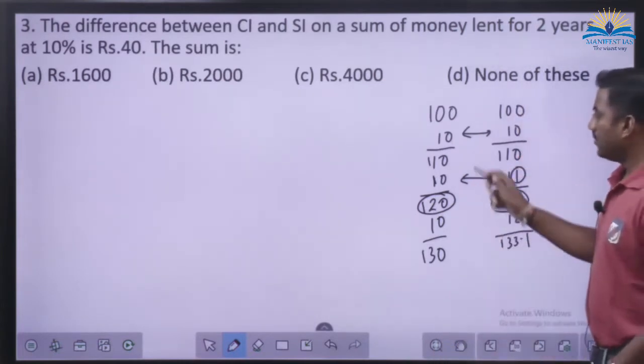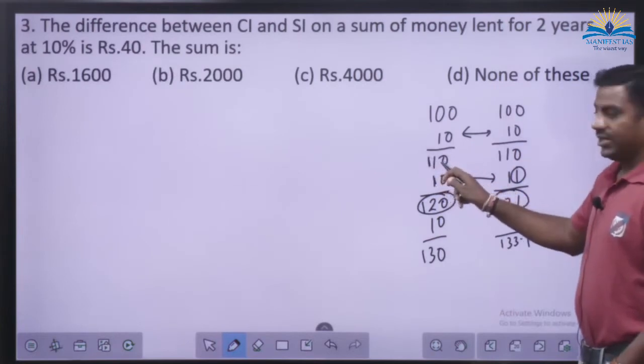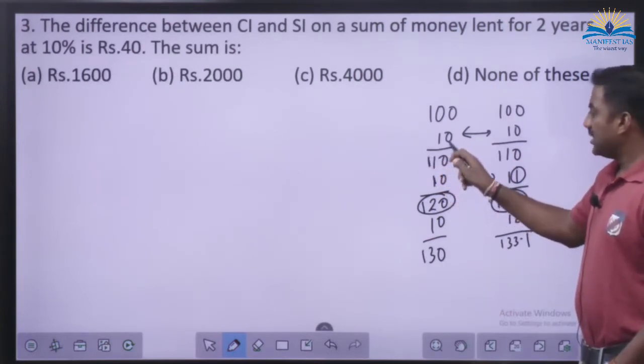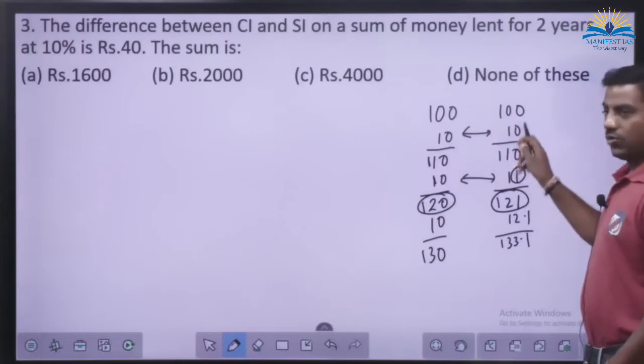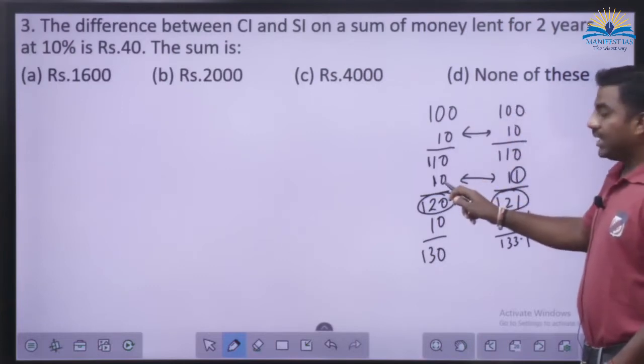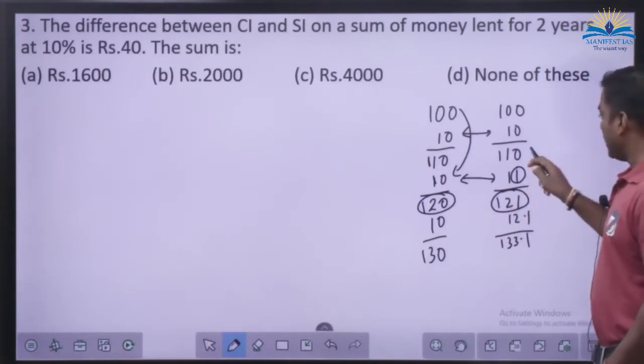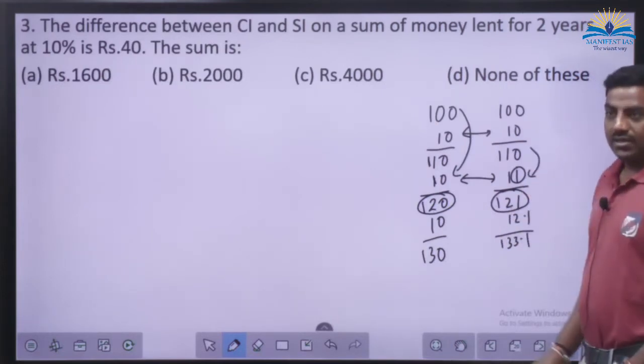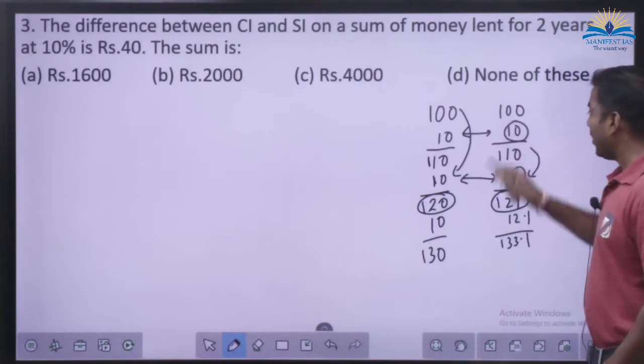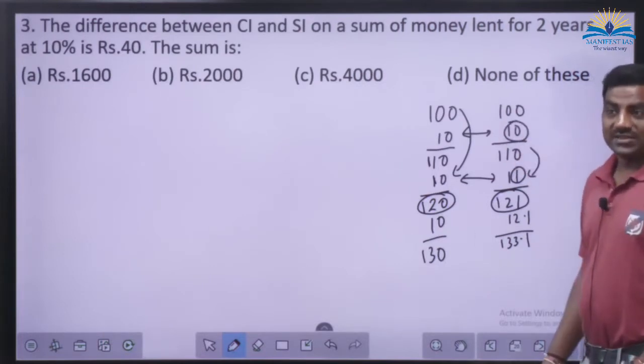See, here we are calculating this 10 rupees on 100, here also 10 rupees on 100. But here it is 10 rupees on this 100, but this 11 is on this 110. So for this extra 10 rupees, we are calculating the interest, yes or no?